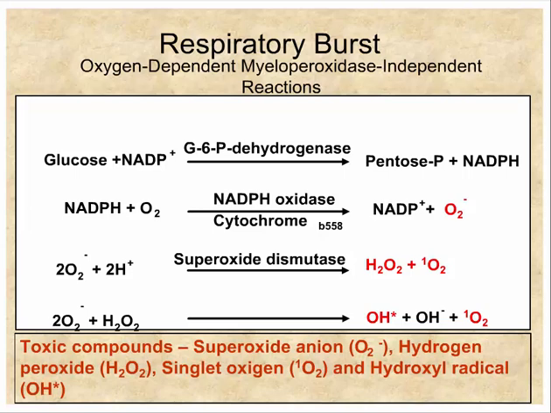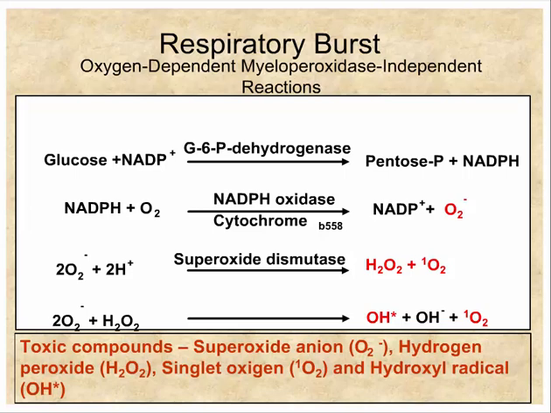And this product, the NADPH, then, with molecular oxygen and the enzyme NADPH oxidase, goes to form NADP and a substance called superoxide. Now, this enzyme, NADPH oxidase, if you remember, at least one of the components of the granules of the neutrophils is one component of this NADPH oxidase.